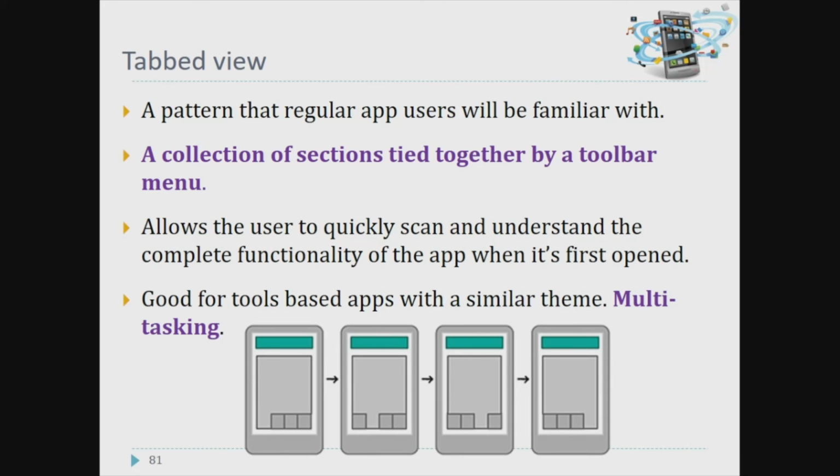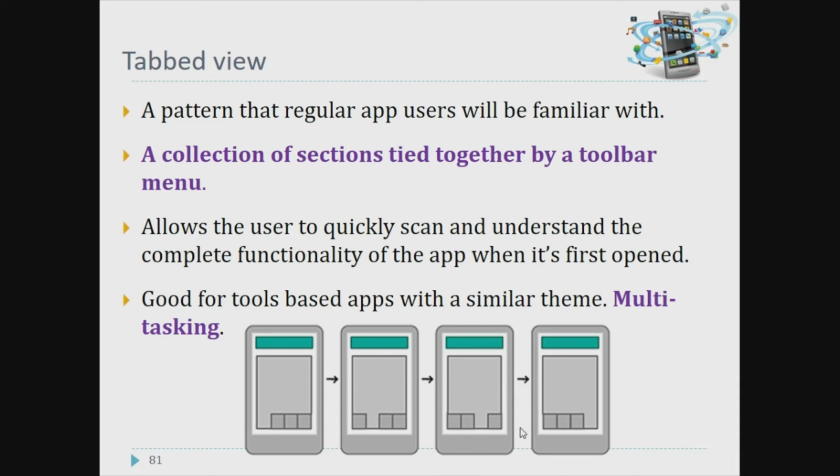The next part is the tab view, a pattern that regular application users will be familiar with. Okay, this one, tab view. Click on another tab. So it is a collection of sections tied together by a toolbar menu. Okay, you have the menu bar.